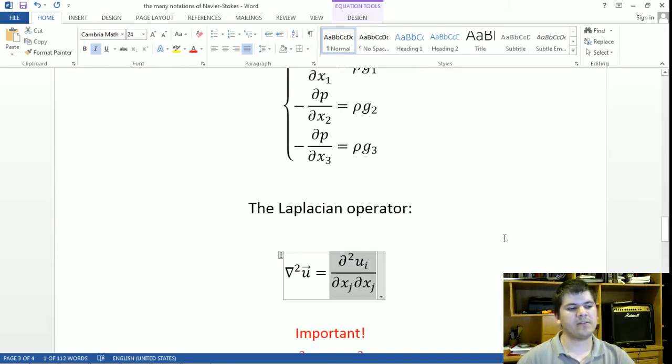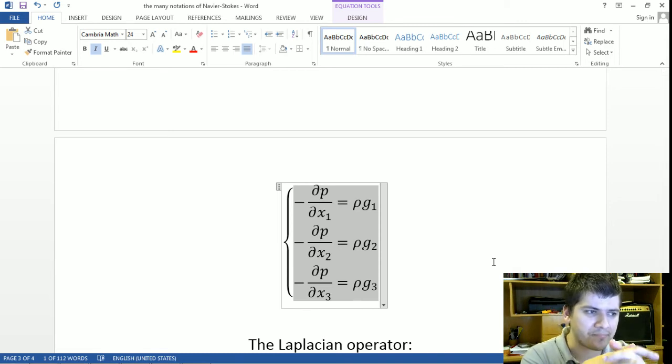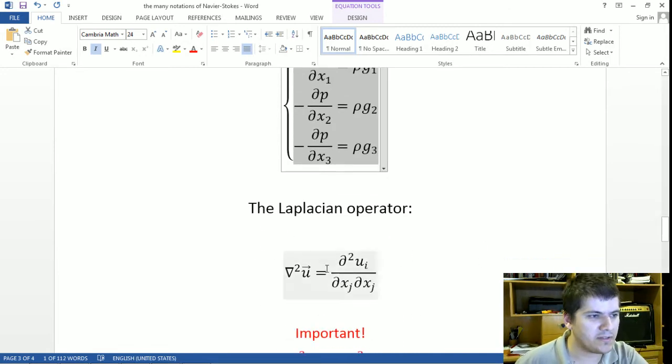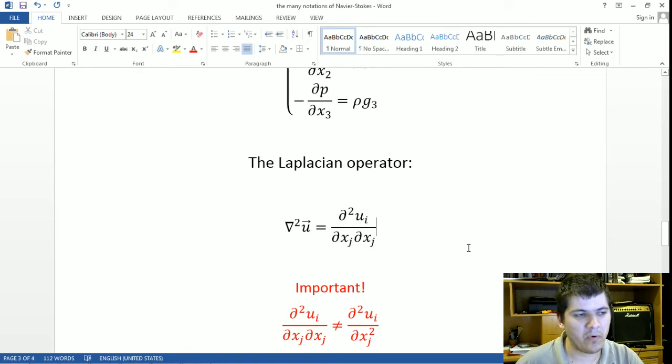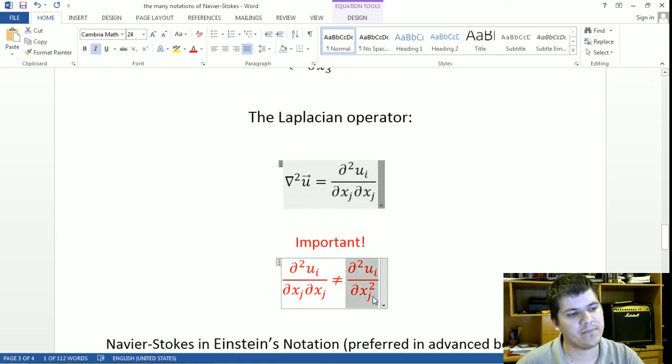So this also, by the same logic of reasoning as the previous equation, the gradient of a scalar function, is also composed of three equations separately. Okay, and it's important to note that this is not the same as this.